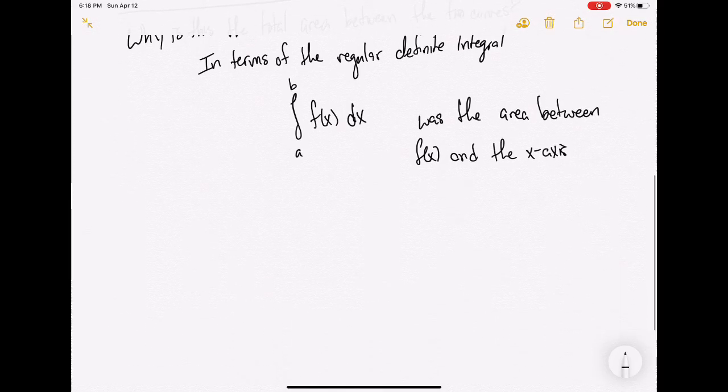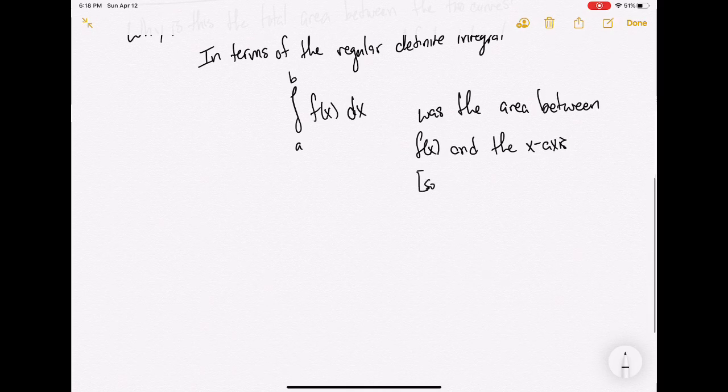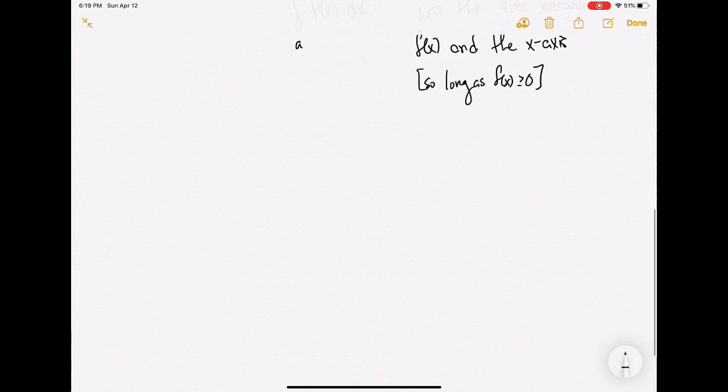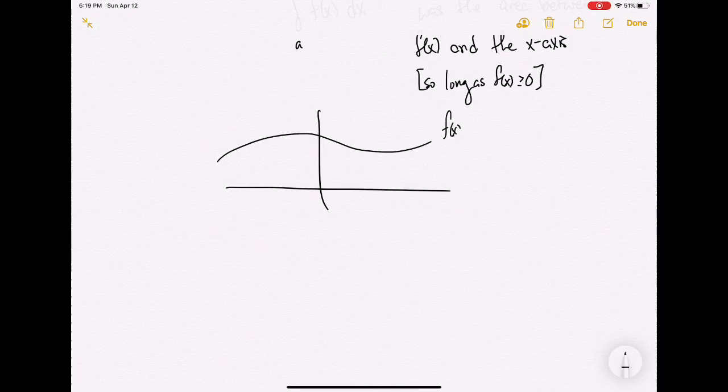And we saw that was true. This is true so long as f of x is positive or 0. So we saw that that definite integral was the area between f of x and the x-axis. So that was basically this area. I'll draw it here now. That's f of x.